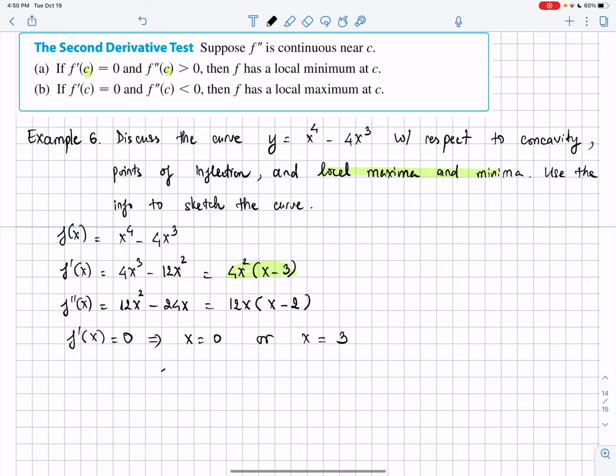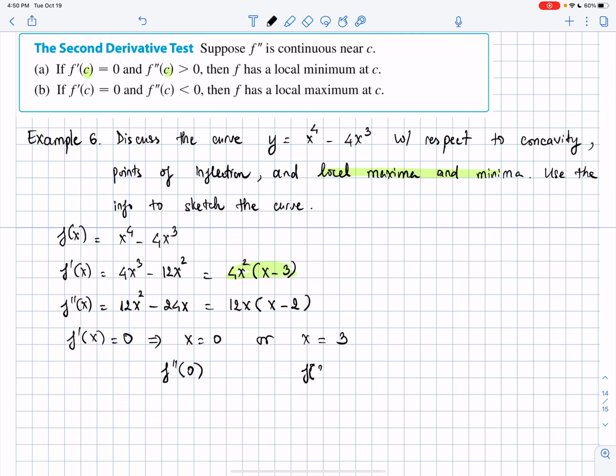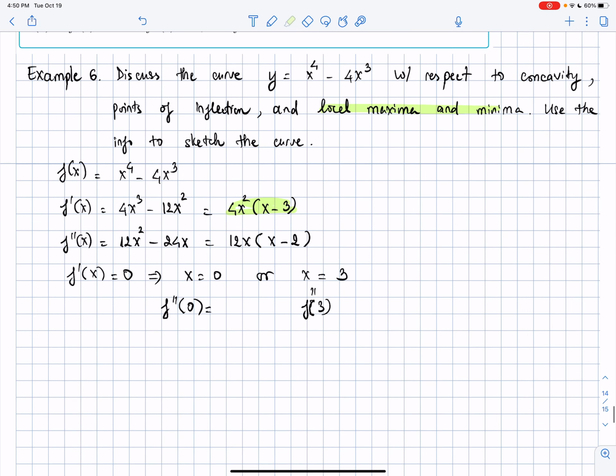So we plug both of them into f double prime. f double prime is this one, so we put in 0, then we will get 0. And if we put in the 3, we will get 3 times 12 is 36, times 1 is 36. I put in here, right?